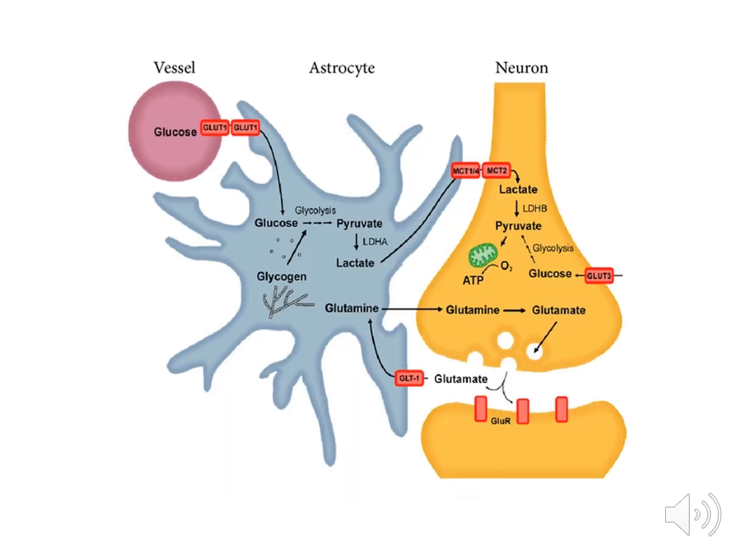Another job, the second job of the supporting cells, is to provide some metabolic support for the neurons. Remember we said most nerve cells really can't store a lot of glucose. There might be a little glucose in there, but they can't store glycogen. So the supply of fuel is very limited. So the neurons have to rely on the supporting cells to make sure that there's fuel for the neurons to function.